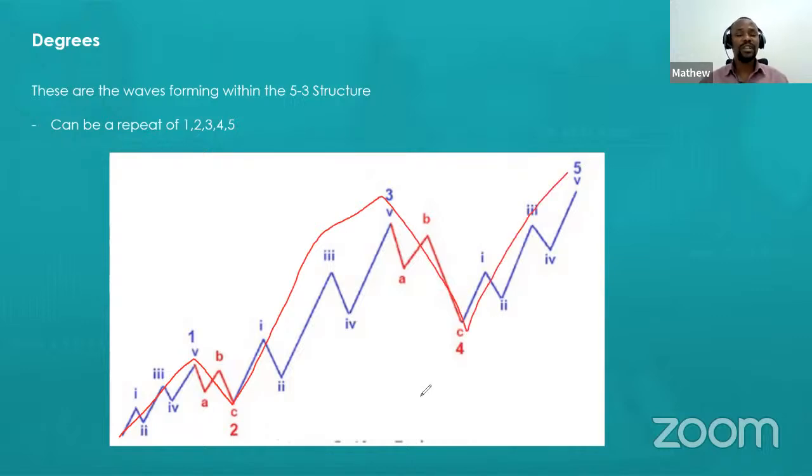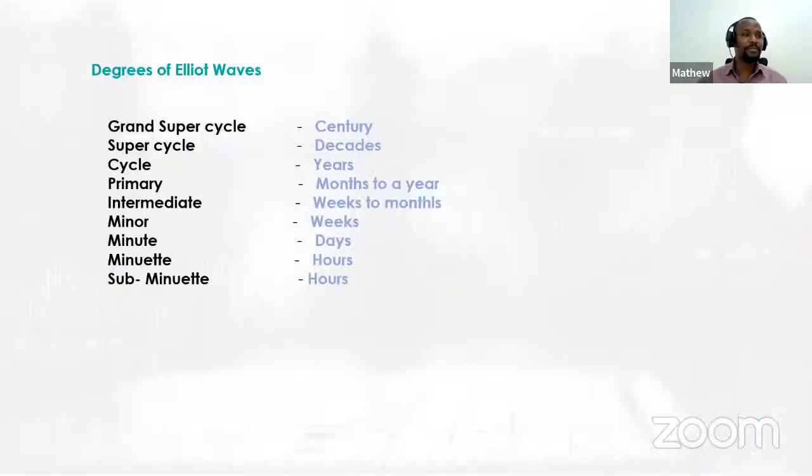So there are different ways of labeling these waves so that it becomes easier for us to understand. And in our next slide, we're going to look at the time frames that will help you know what type of wave you are using to analyze the markets.